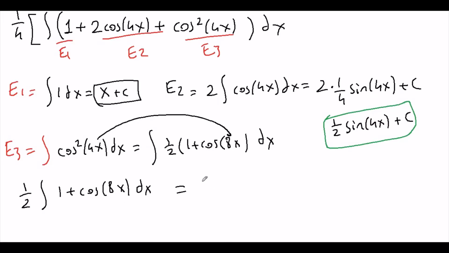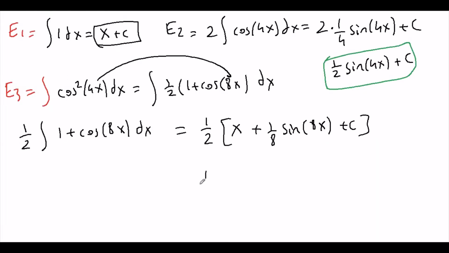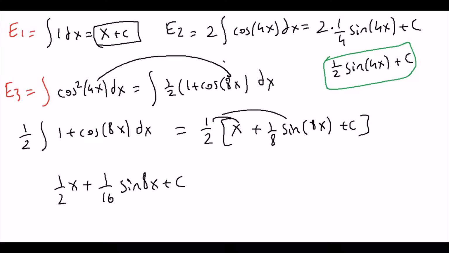Now we know how to integrate this. 1/2 times the integral of 1 with respect to x is x, and the integral of cosine of 8x is 1/8 sine of 8x plus c. If we distribute 1/2 inside the parentheses, we obtain 1/2 x plus 1/16 sine of 8x plus c. So this is our block E3.